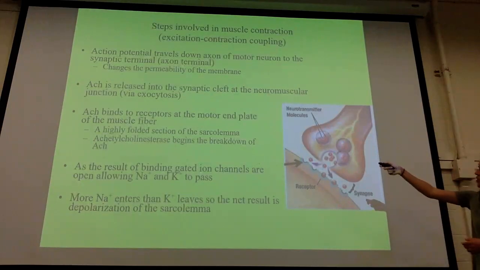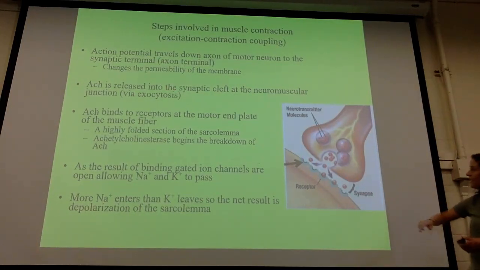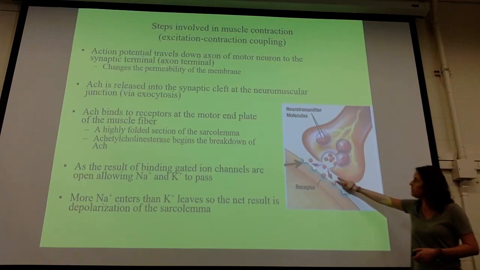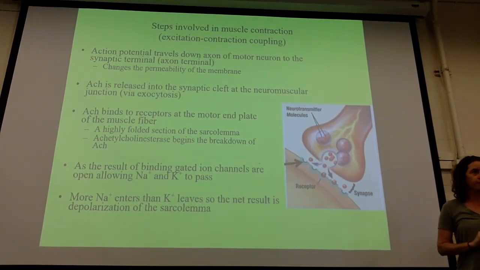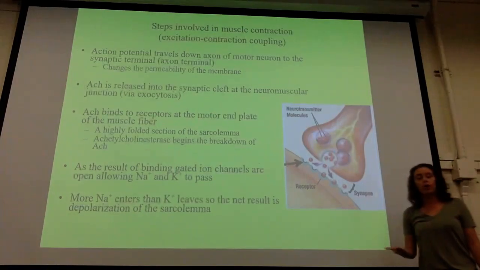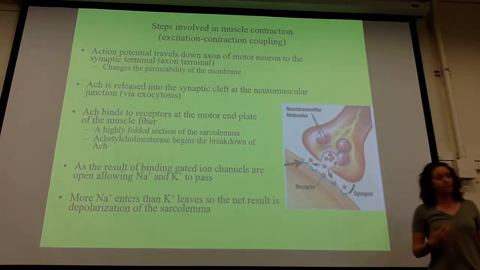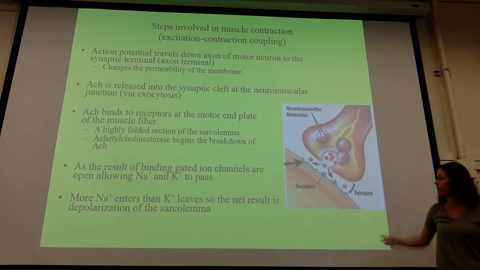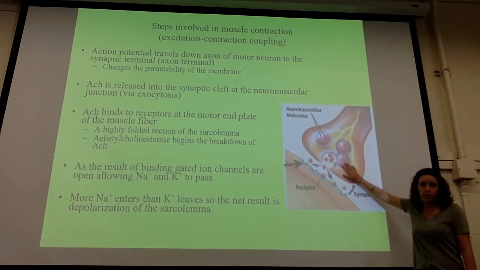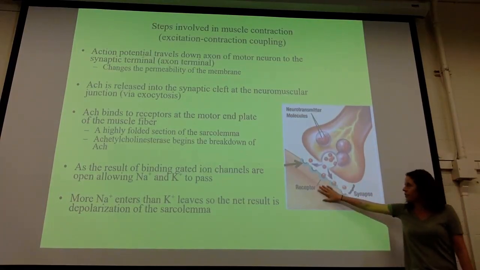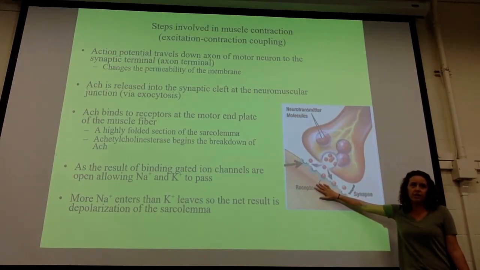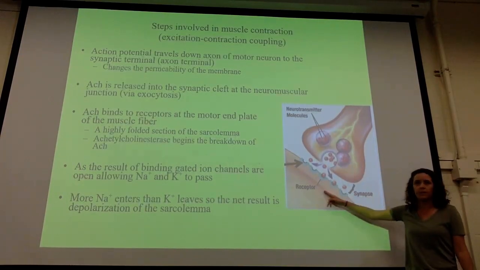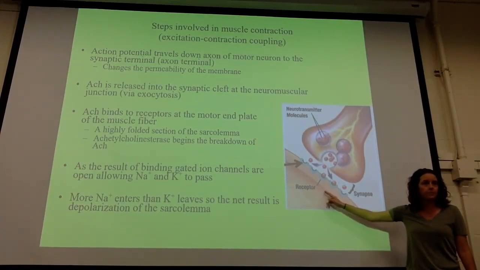So ACH is released into the synaptic cleft, which is just the open space here, at the neuromuscular junction. Neuromuscular junction is just a fancy way of saying neuro for neuron, muscular for muscle. It's where a neuron meets a muscle. That's all that is.